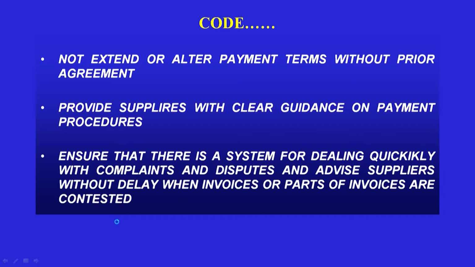Not extend or alter payment terms without prior agreement. No side, maybe the supplier or maybe the buyer, will have the right to alter the payment terms without prior permission. Even the supplier, if they want to reduce the credit period they are currently giving, will inform the buyer.